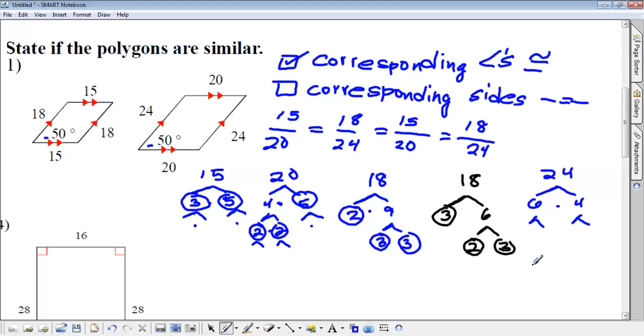Factors of 6: 2 and 3. And those are prime, we know that already. Factors of 4: that'll be 2 and 2. And 2 is prime already. Okay, so this is something similar to what you learn in middle school. And you stop when you get all prime numbers.